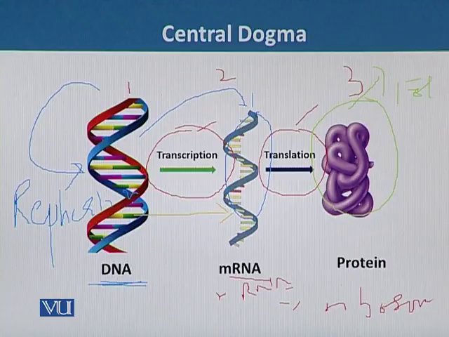But recently there are some phenomena that do not obey this central dogma. For example, there are certain viruses that have been discovered, and the most important is the HIV virus that causes AIDS in humans.